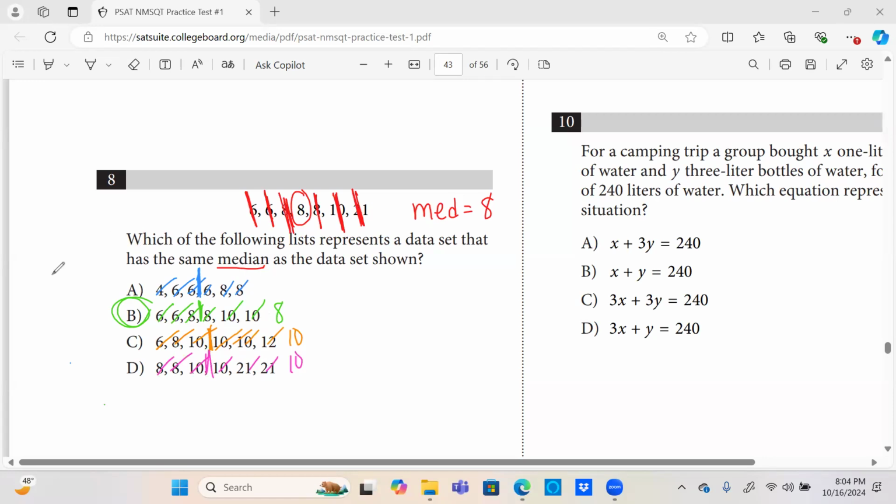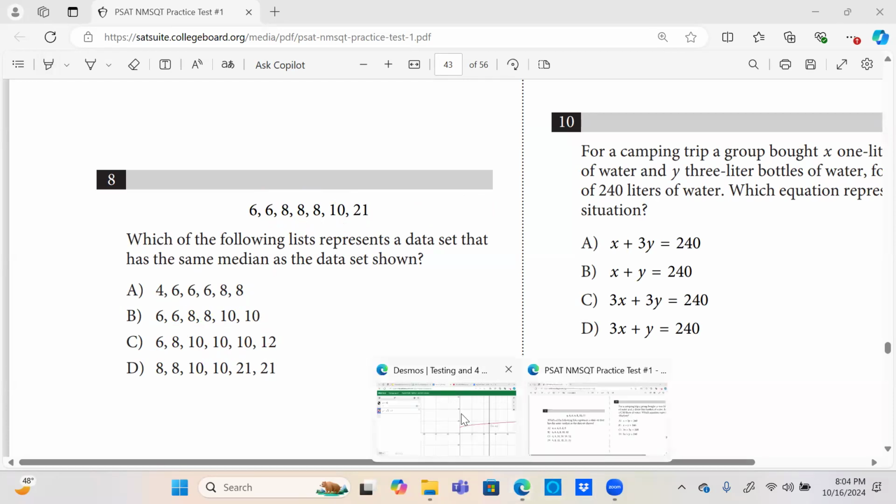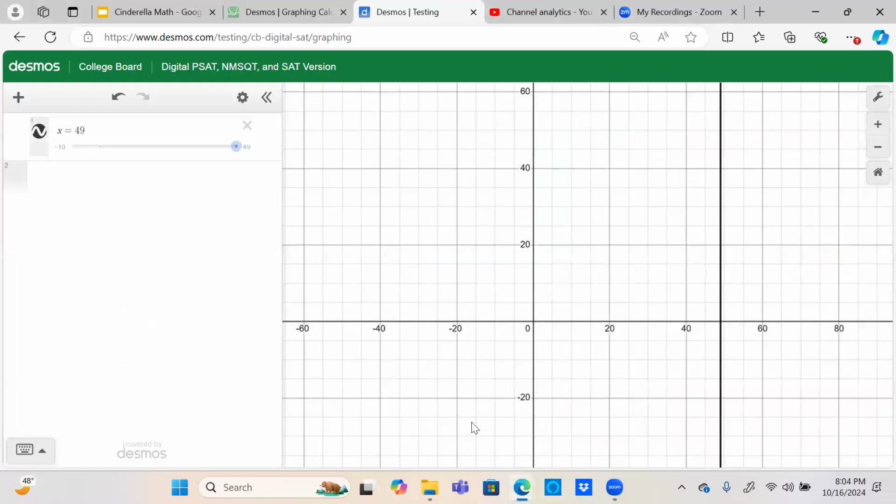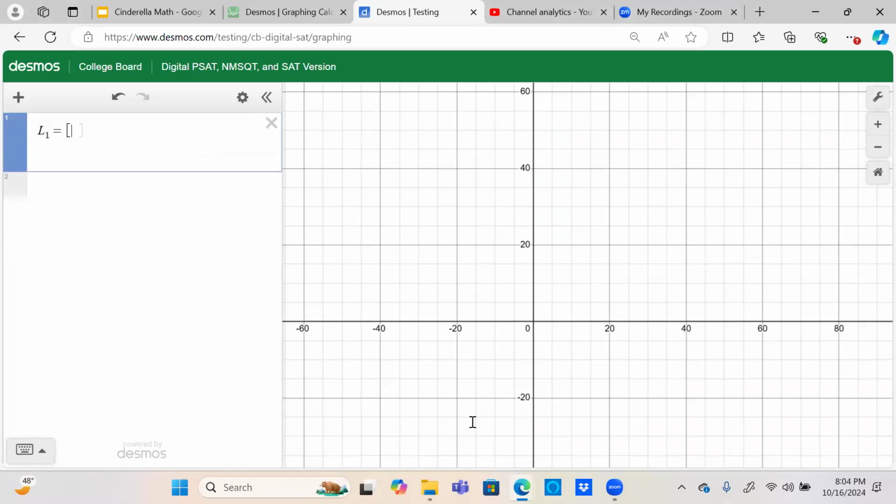So B is correct. If you wanted to do that in Desmos, again, I don't know if this really saves you time, but I'll show you how to do it just in case. You're going to make a list. You're going to say L1 equals, and then a hard bracket. L stands for list. 1 is just saying it's list 1 because it is possible to have multiple lists at a time.